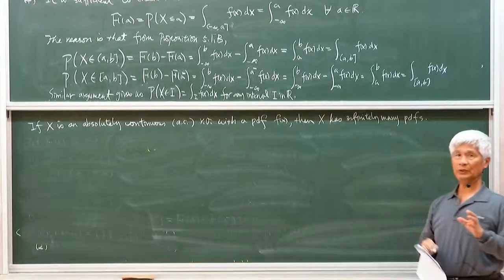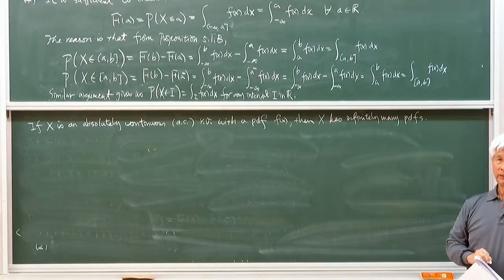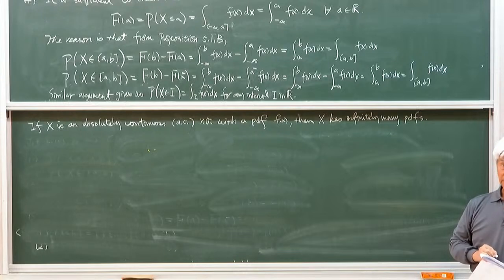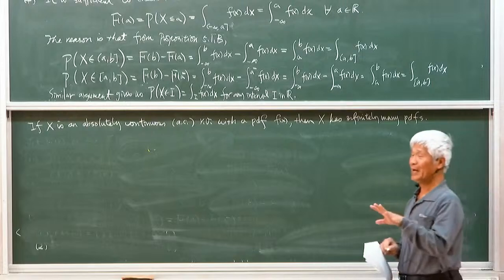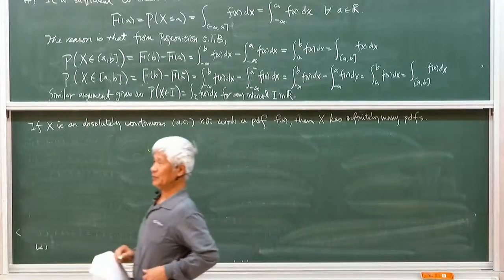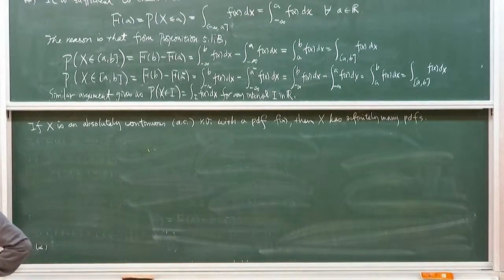So for an absolutely continuous random variable, it has infinitely many PDFs. Then you have many possible choices for a PDF. And usually we select one which is very nice. For example, it's continuous.